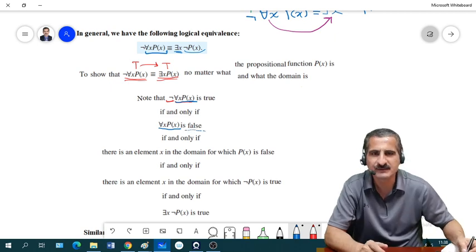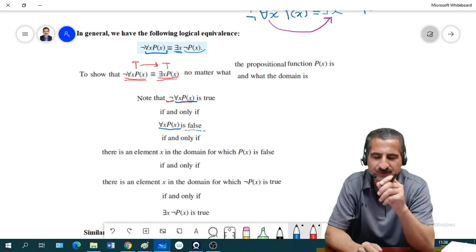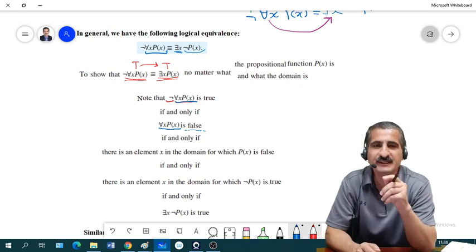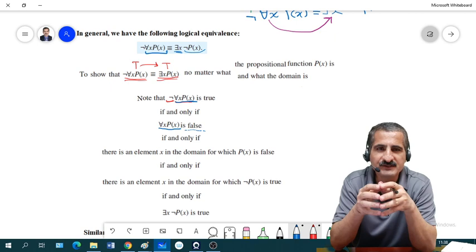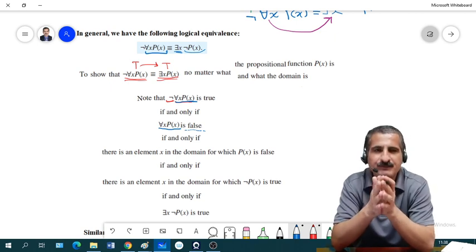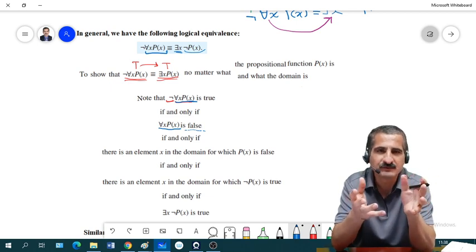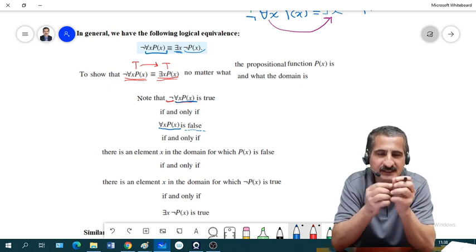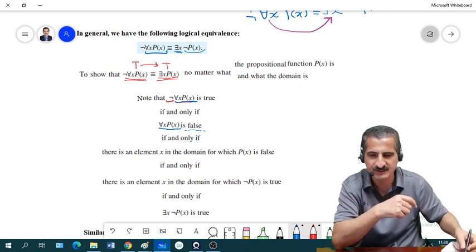What is false? There exists... what is false? For every x, p of x happening. We are saying this is false. What makes it false? It is false because there is x such that p of x is not happening.